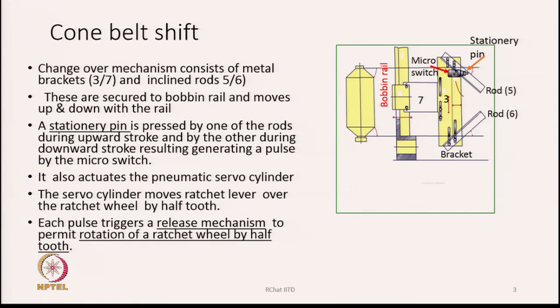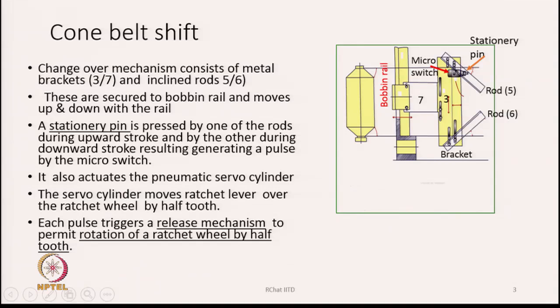This bracket is attached to the bobbin rail, which is moving up and down. The changeover mechanism consists of metal brackets 3 and 7, and two inclined rods numbered 5 and 6. Rod 5 is here and 6 is here.